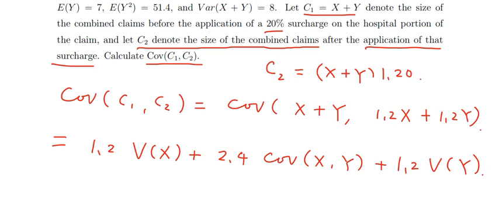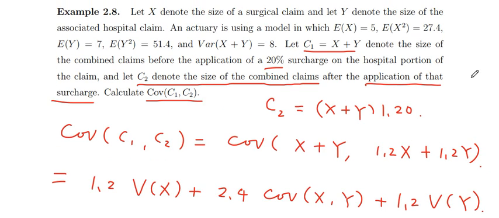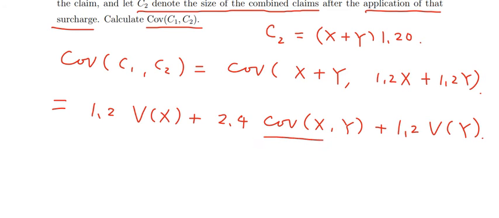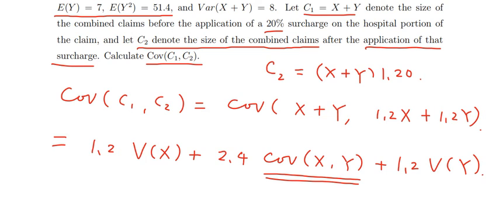Okay. So we can find what is vx. We already know vx. We have this zx squared, so we have vx. And zy squared, so we have vy. Yeah. So how can we find the covariance of xy? From this condition, variance of x plus y equals a.